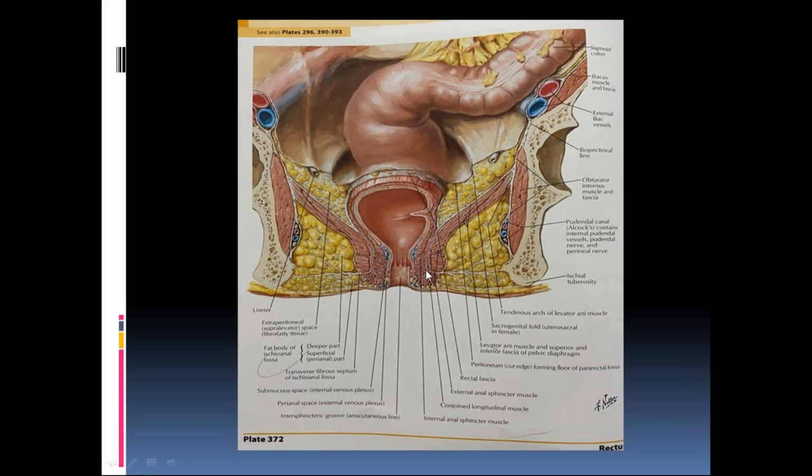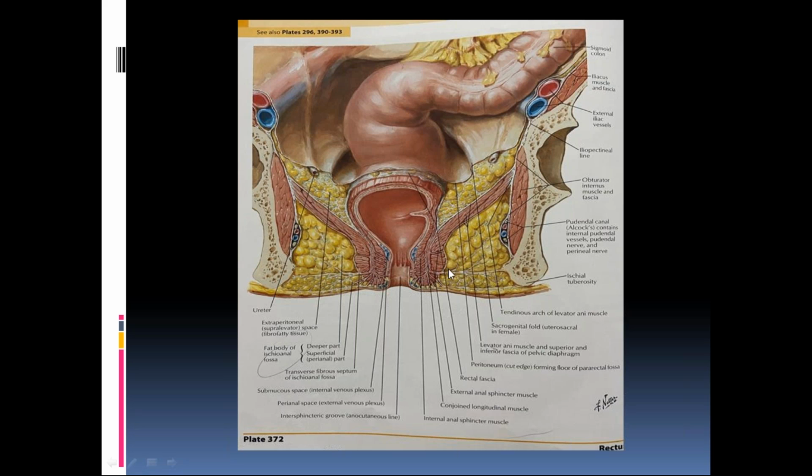The pus gets entrapped, and it has no space to move either side, so it has to come out of the skin. So tissue tension develops within this space, and it will try to come out by bursting through the skin. Due to the stretching of the skin nerve endings, the patient will have a lot of pain.